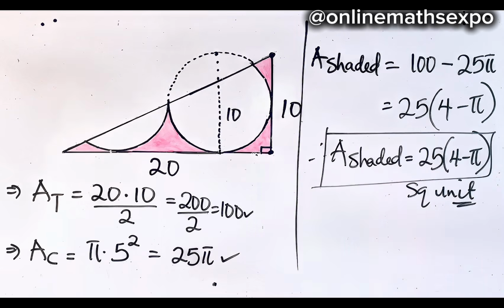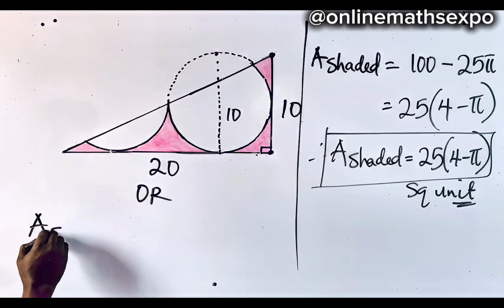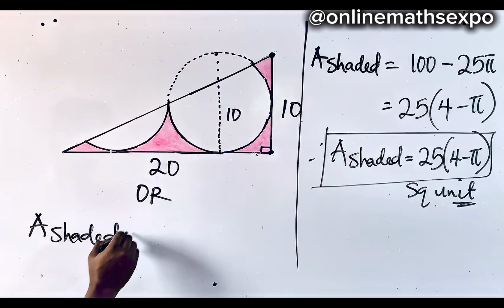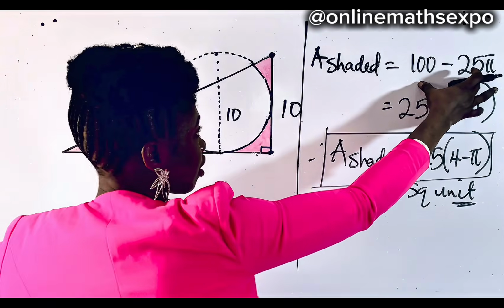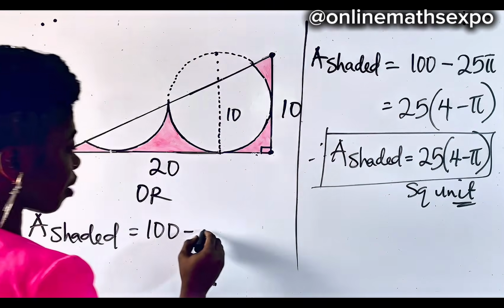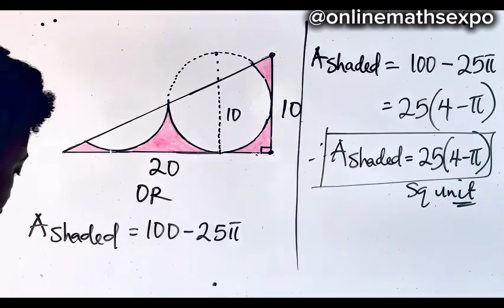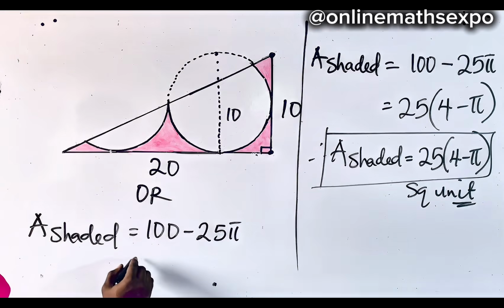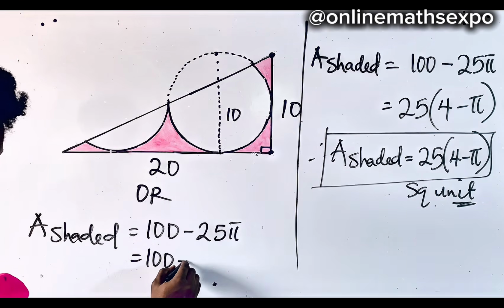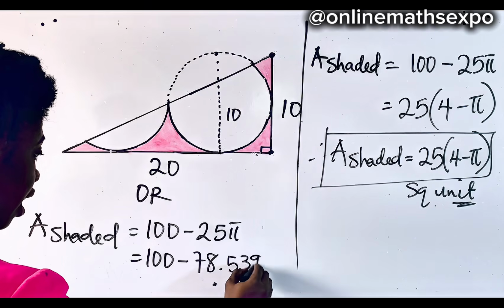You can choose to leave it in decimals using the calculator value of pi. So if you want to do that, we can still leave it in this form, area of shaded is equal to, from here, we have 100 minus 25 pi. Just put it in the calculator. Using the calculator pi value, multiply this, it gives you 100 subtract 78.5398.